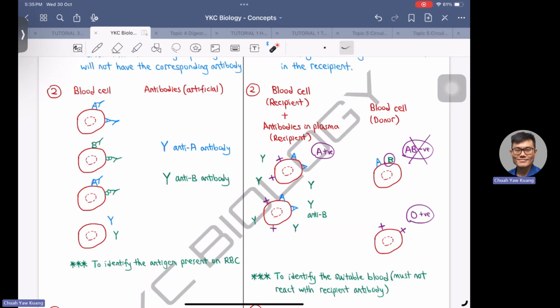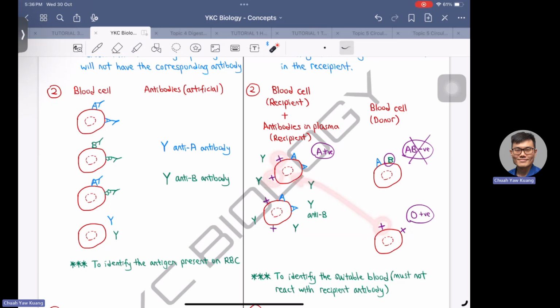Well, first things first, there's no A or B antigen, so there's no antigen that is going to react with this anti-B antibody. And the positive D antigen is also found in the recipient. So we are not introducing a new antigen into the recipient. It is something that is already found in the recipient.